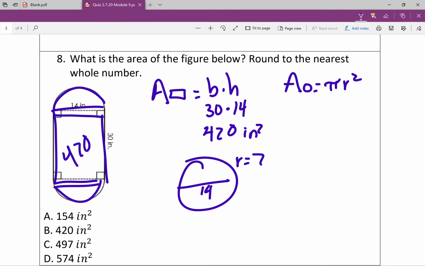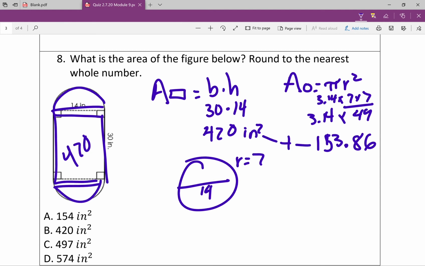So it is 7. 7 times 7 times 3.14. This gives you 49 times 3.14, which gives you 153.86. And all you have to do now is add the two areas together.